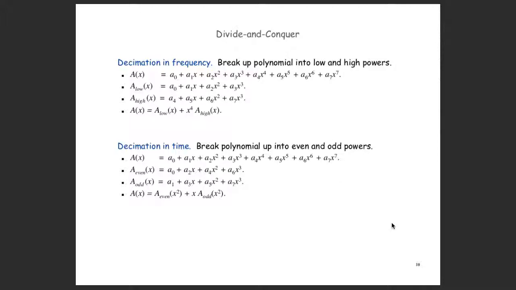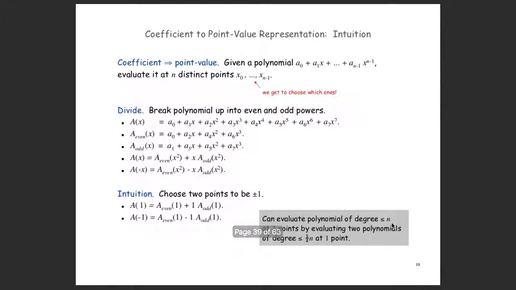I can do divide and conquer. In frequency, I can break up into low and high powers, low and high frequencies. Over time, I can do even and odd, right? And then keep going this way. The idea is that to go from coefficients to points, given a polynomial, I evaluate it at those distinct points.